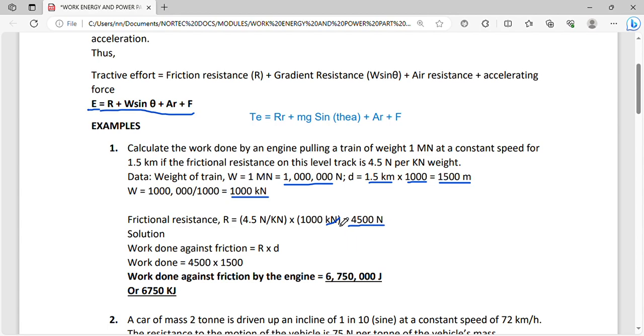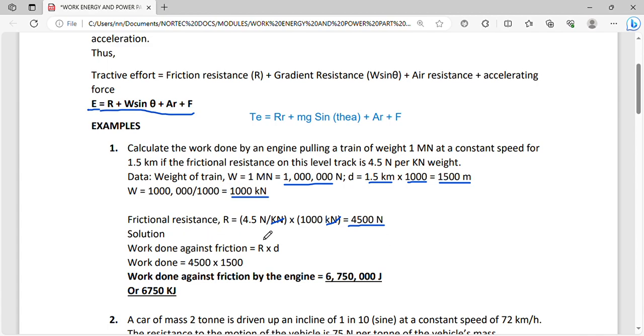So in 4.5 times 1,000, we have 4,500 newtons. This one is the frictional resistance, which we are calling R, or rolling resistance. Others use that. That is the term which may be used from time to time.